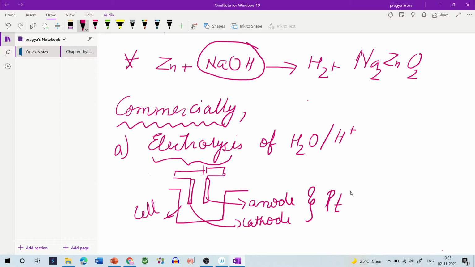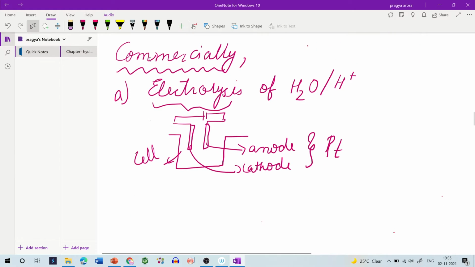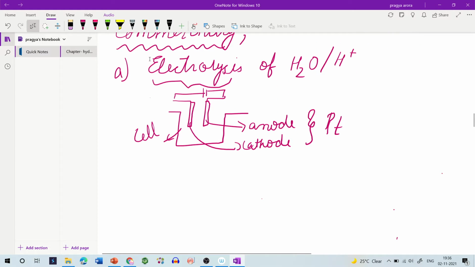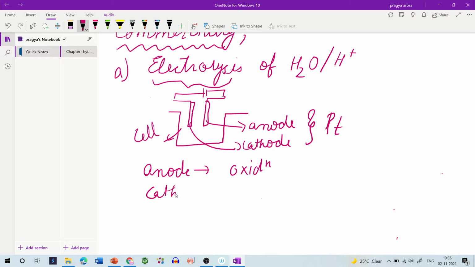As we know, in electrolysis on anode, the process that occurs is called oxidation, while on cathode, reduction happens. In water, there are basically H plus and OH minus ions.